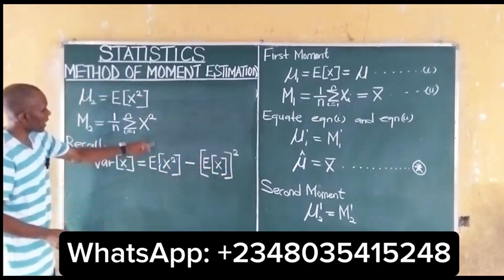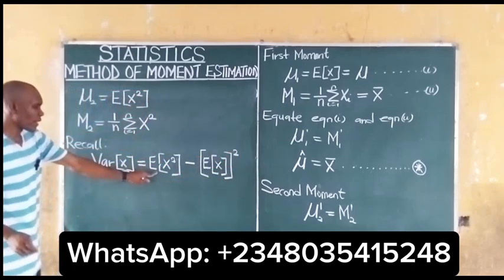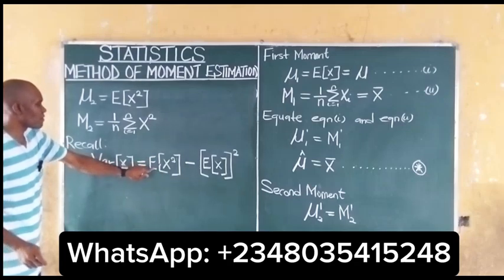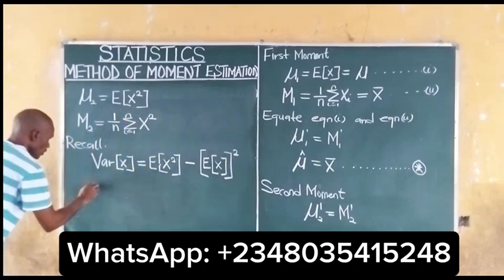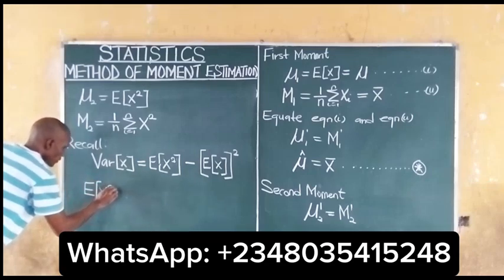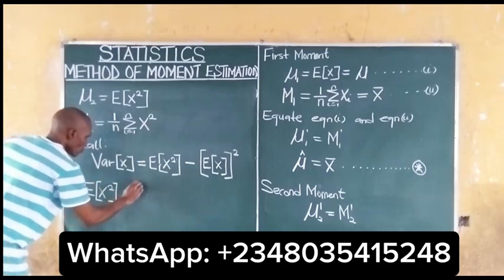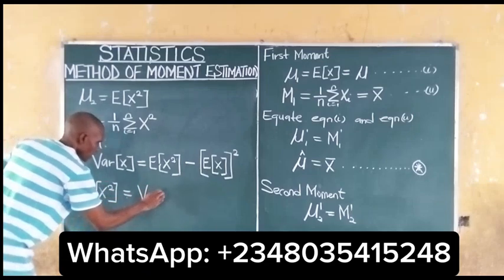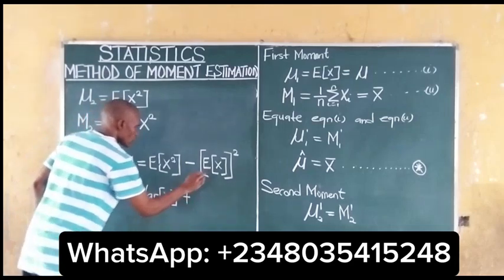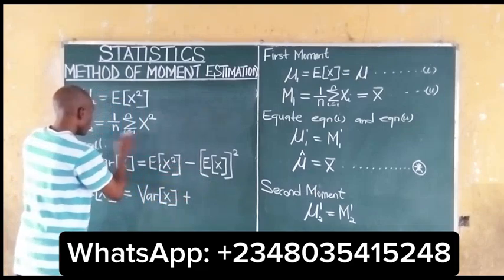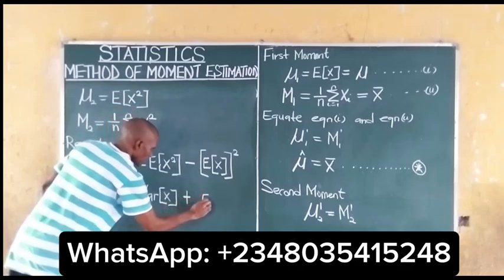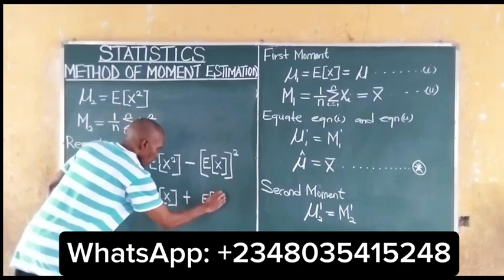Now, we'll make this the subject of formula. Whatever we get will now be the value of this. So it then means that the expected value of x squared is equal to the variance of x plus, if this is moving over to this side it comes to positive, the expected value of x all squared.